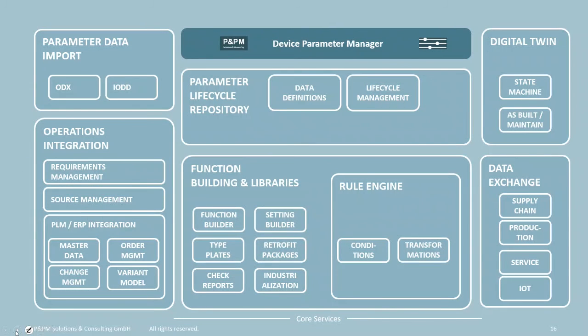Now, many functions. I think it's worth zooming in on more specific sessions on the different capabilities. This slide just highlights a few abilities that our tool provides. It starts with the importing capabilities of different industry standards, the parameter lifecycle repository, the function building and the libraries, and then of course the different integration capabilities to operations, starting with requirements management down to the operations in ERP, and finally the data exchange to the different events.